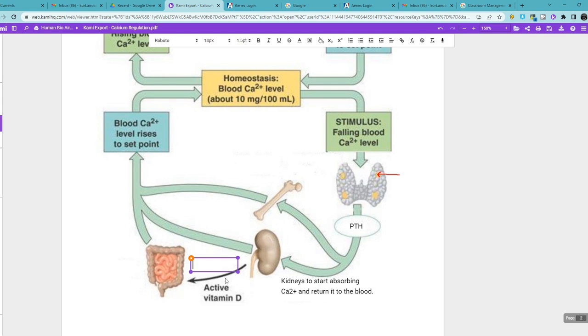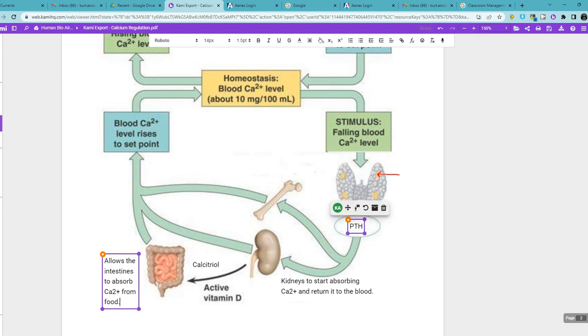When it's activated, vitamin D has the name calcitriol, and that active vitamin D allows the intestines to absorb Ca2+, or calcium ions, from food. So your intestines need that activated vitamin D, calcitriol, in order to absorb calcium from the food you eat.